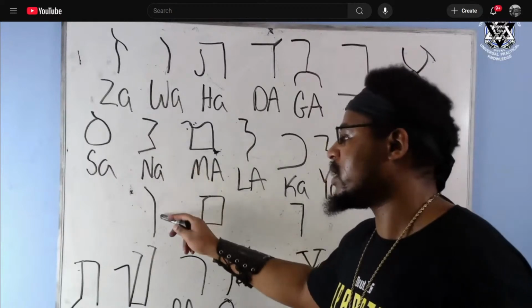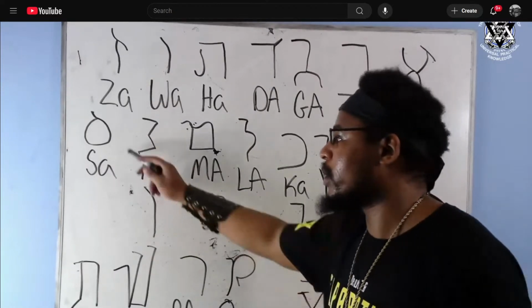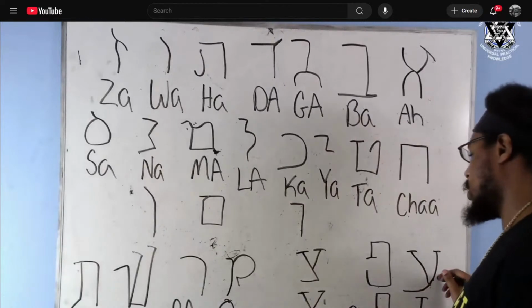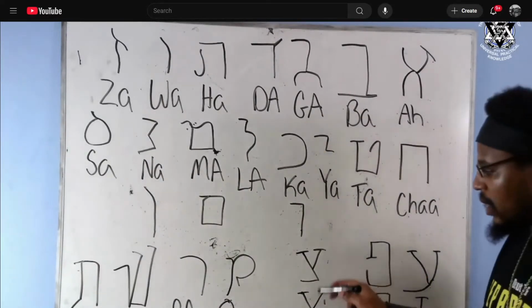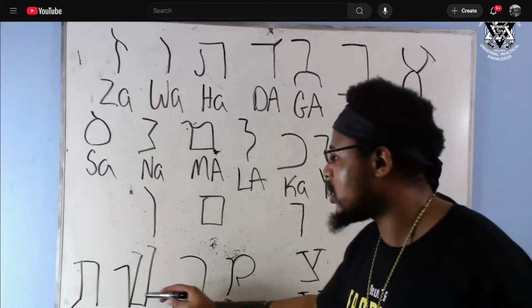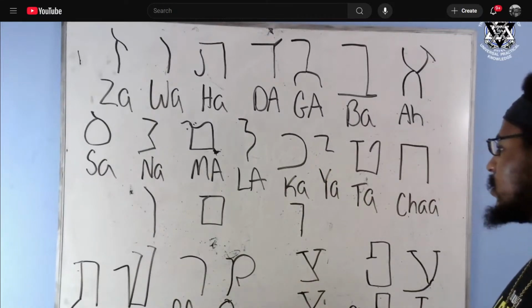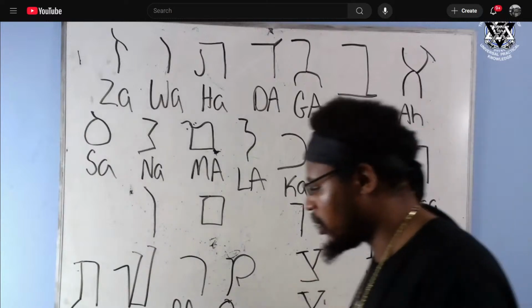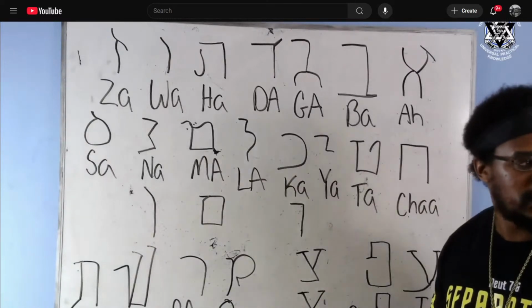We got Sa, I, Pa, we got the ending Pa, Taza, ending Taza, Fa, Ra, Sha, Tha. Okay. So that was the Assyrian.